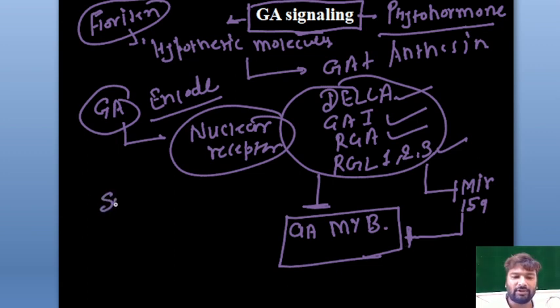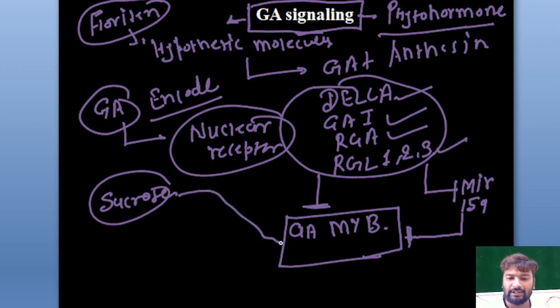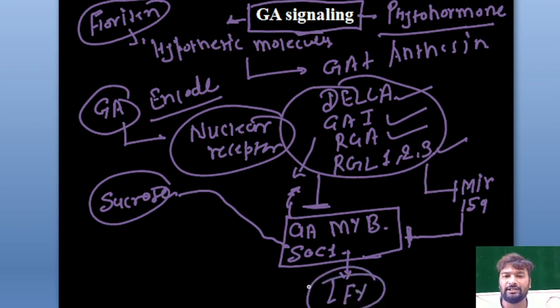And in the presence of sucrose, it activates SOC1, which removes these repressors DELLA and activates the LEAFY genes. And these LEAFY genes promote the flowering.